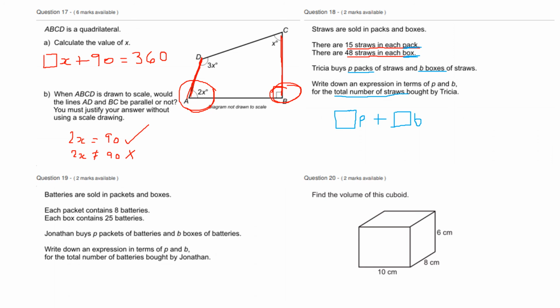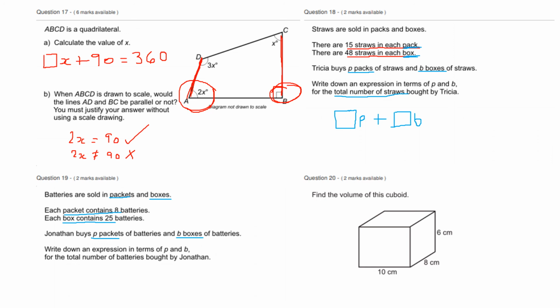For question 19, batteries are sold in packets and boxes. A packet contains 8 batteries and a box contains 25. So they're telling us to use P for packets and B for boxes. So it's really similar to the last question.